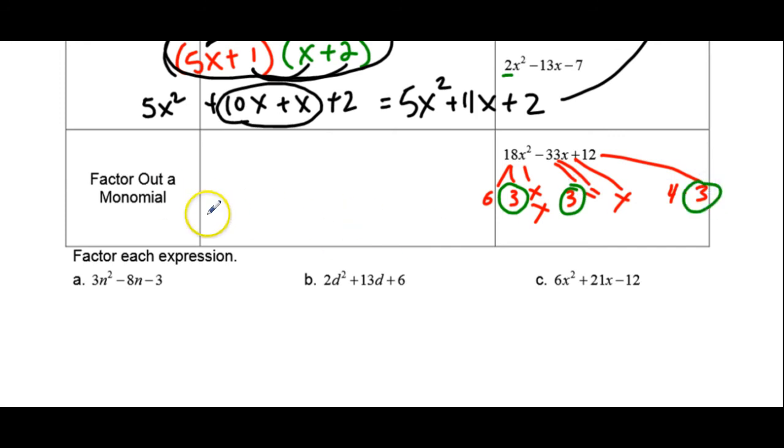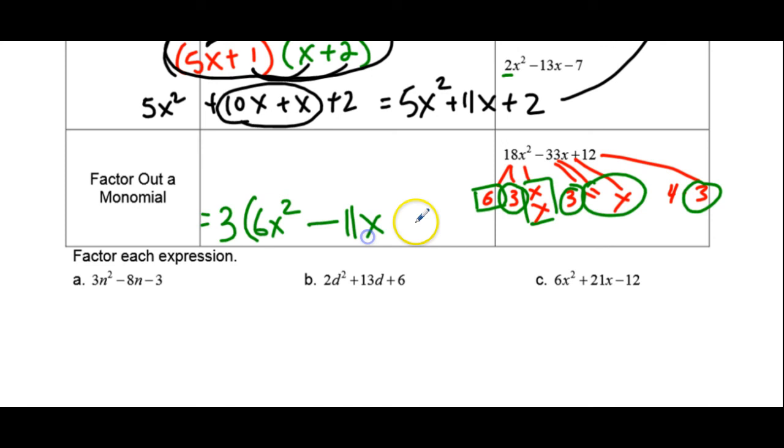So what we're going to do is I'm going to write this over here, and you guys can write it wherever. We have a 3 out here, and then we have a 6, and then 2 x's, so we have 6x squared minus, we have 11 and an x, so we have 11x, and then we have a leftover 4, right? So this is what they mean by taking a monomial out.